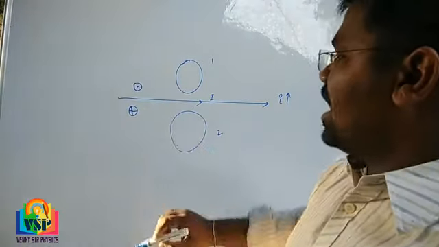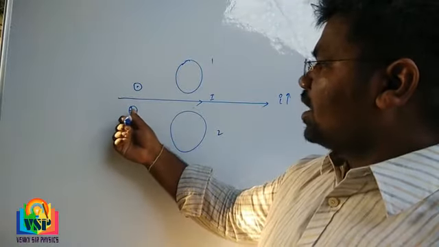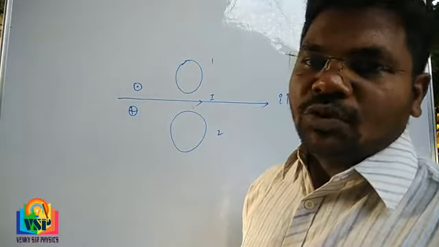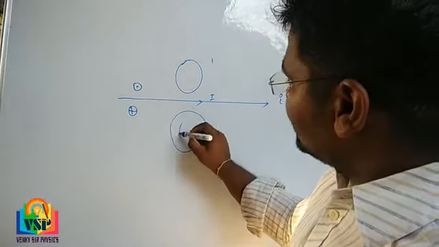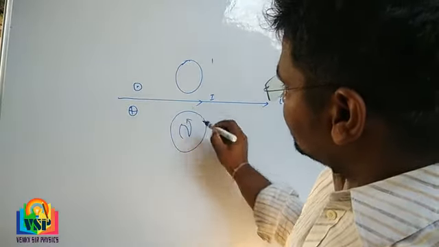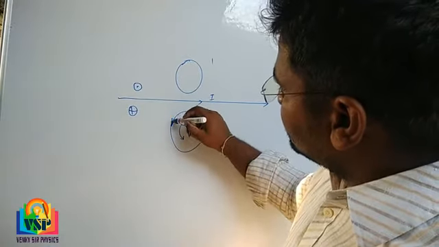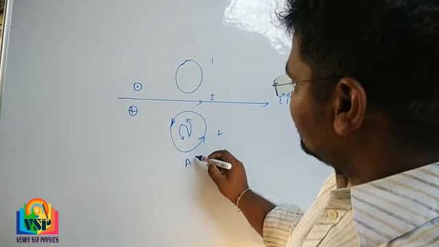Then according to Lenz law, here north pole. North is opposed to north. So that's why here the direction is north. Understand? Means here which direction? Anti-clockwise direction.